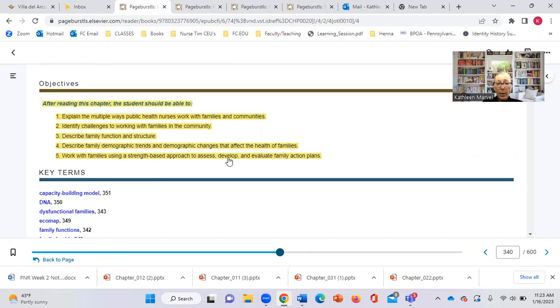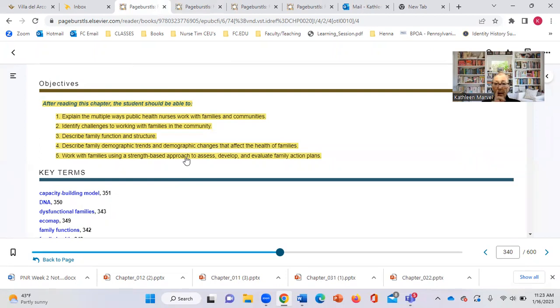Explain the multiple ways public health nurses work with families and communities, identify challenges to working with family in the community, describe family function and structure, describe family demographic trends and demographic changes that affect the health of families, and then work with families using strength-based approach to assess, develop, and evaluate family action plans.